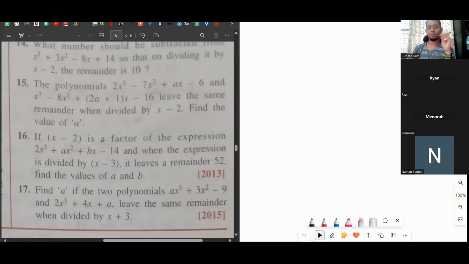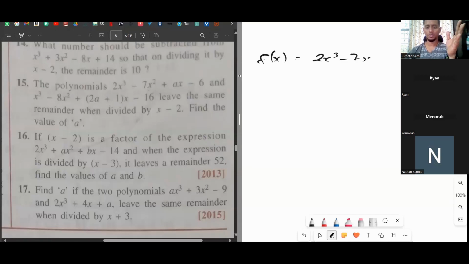Okay, this is question 15. There are two polynomials here. Same thing I explained, I think, last class, no? So the first polynomial, we take it as f of x: 2x cubed minus 7x squared plus ax minus 6.